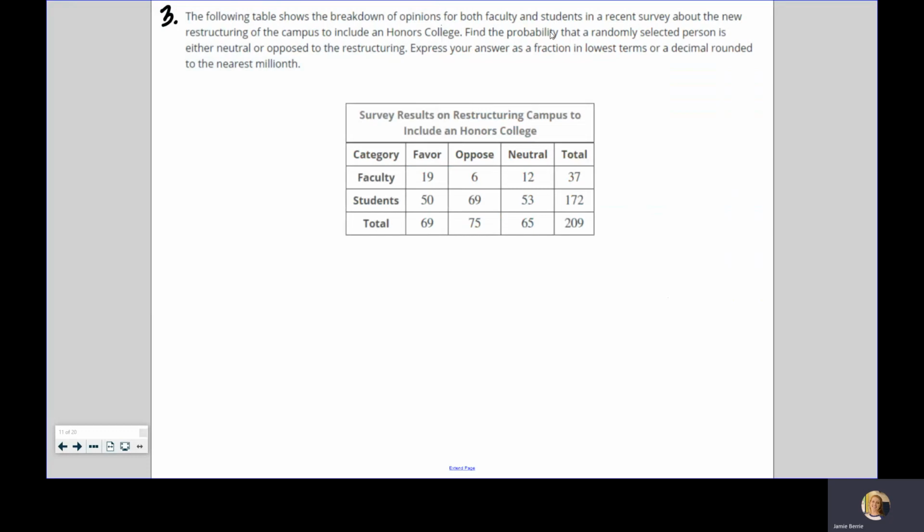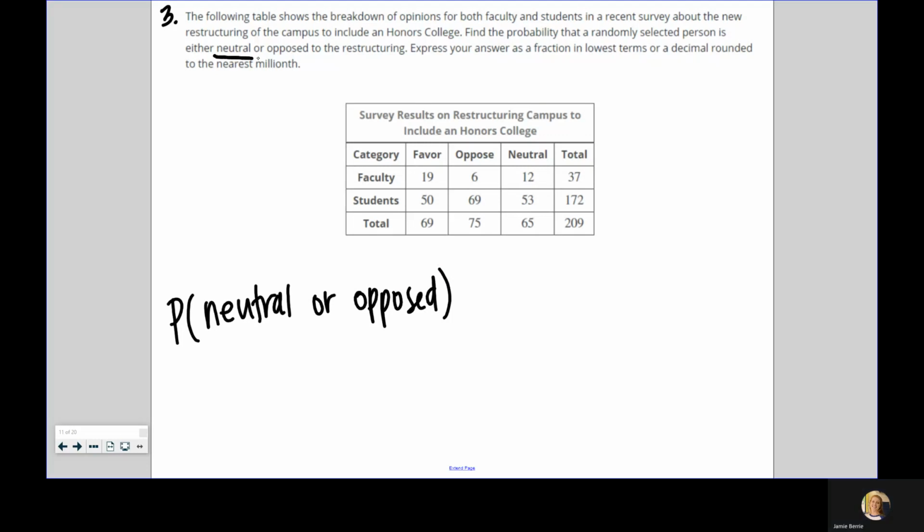All right, so we're looking for the probability that someone is either neutral or opposed. So the probability that they are neutral or opposed. All right, so someone could not be neutral to the event and opposed to the event at the same time. So those are an example of mutually exclusive events.